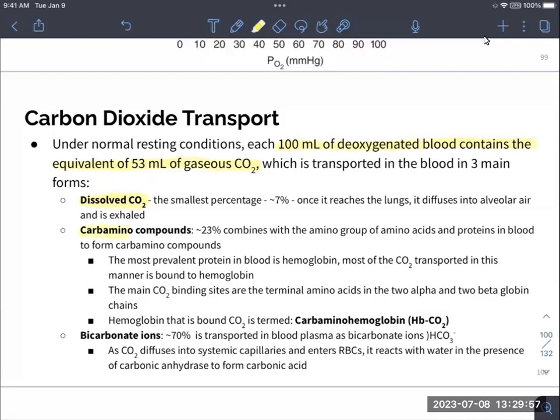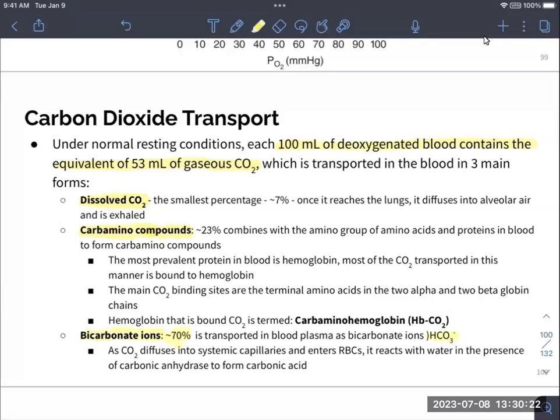Then there are carbamino compounds, which combine with amino acids in the blood. Then we have that bicarbonate ion, which is how most of it is carried.